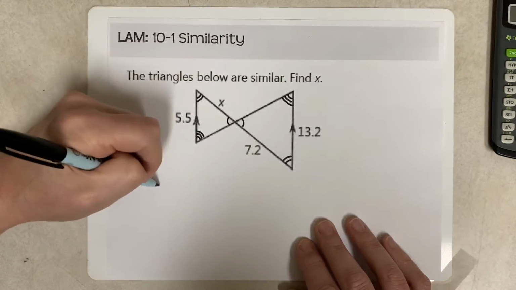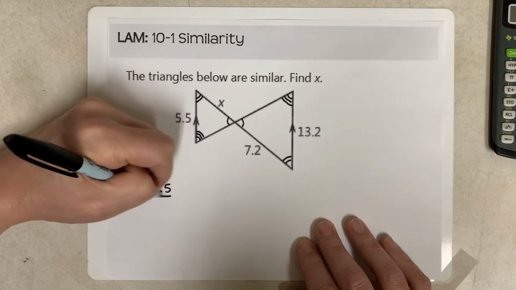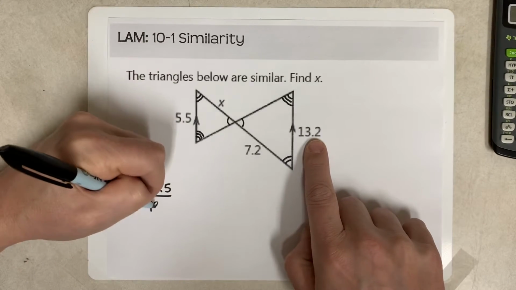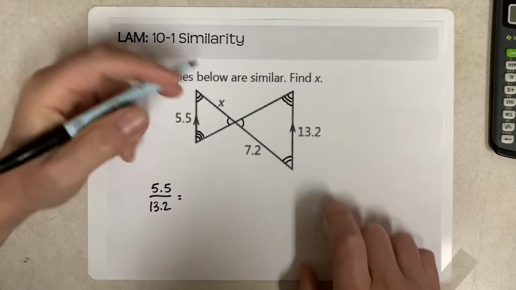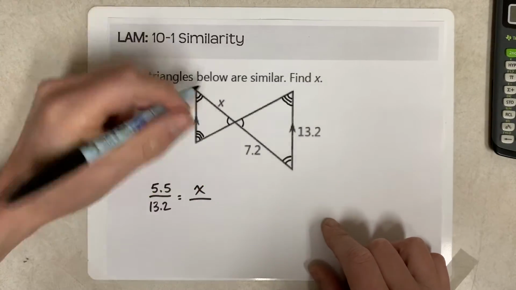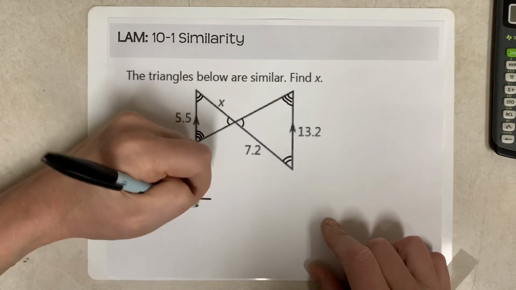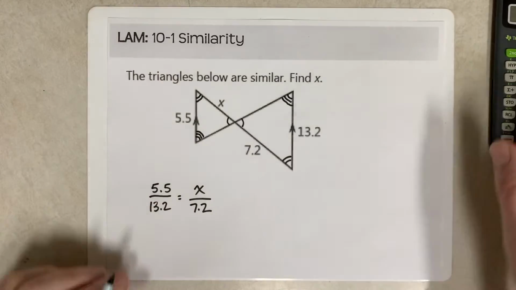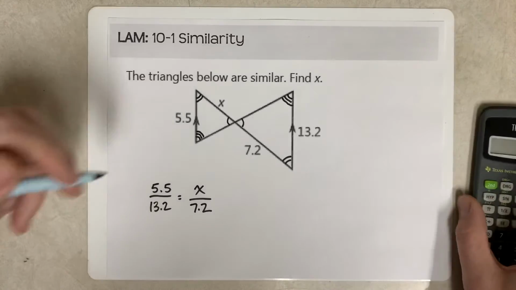So 5.5 over 13.2 equals x, small triangle, x over, and that would be 7.2. Okay, so we're going to cross multiply and we're going to solve.